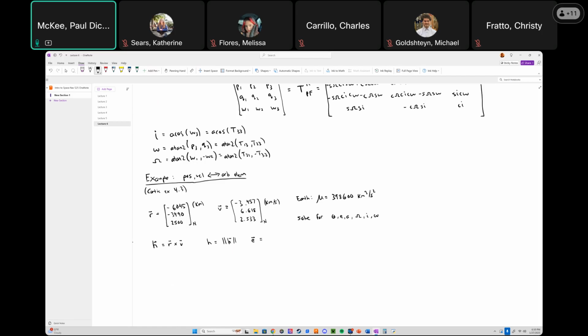E, the vector, is velocity crossed with specific angular momentum divided by mu minus R, the direction. So R, the vector, divided by R, the scalar. And E, the scalar, is E, the vector, normalized.